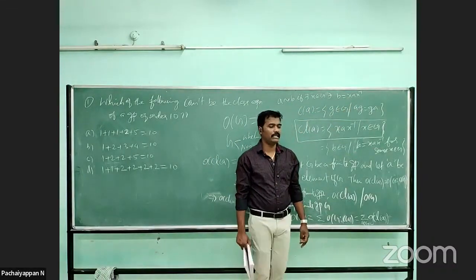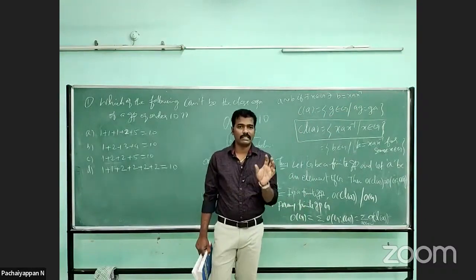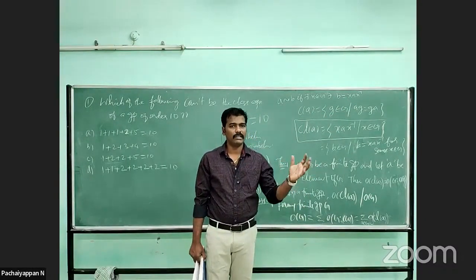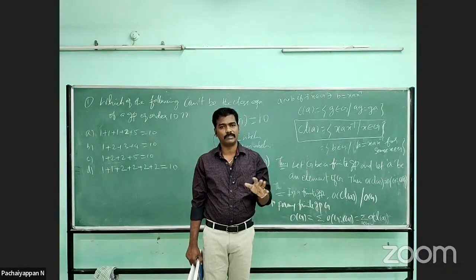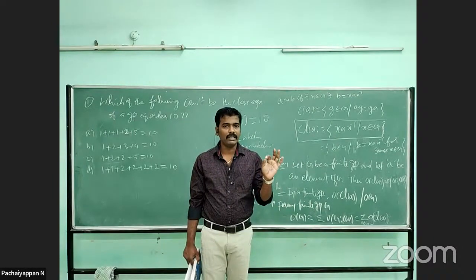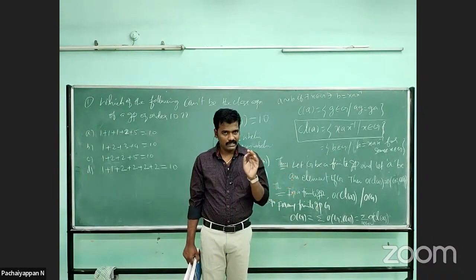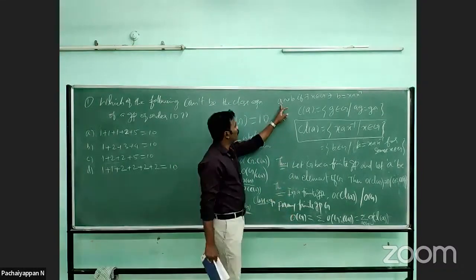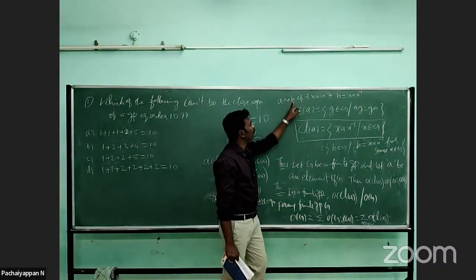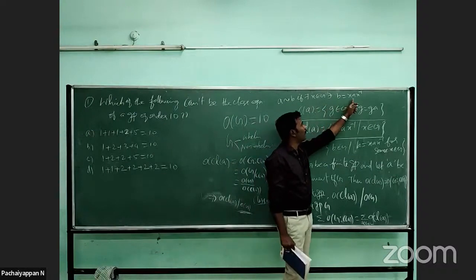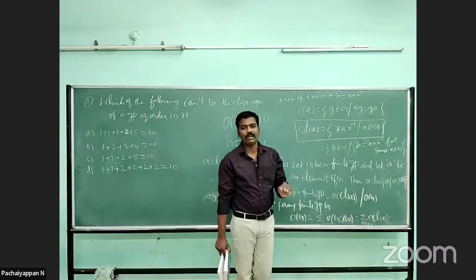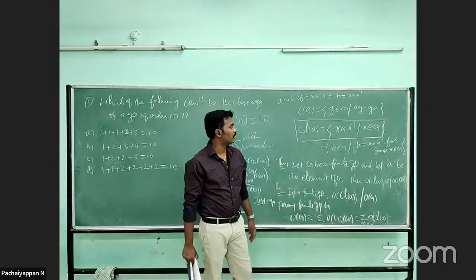How do we say A is similar to B for matrices? If there exists some invertible matrix P such that A equals P B P inverse. The same thing happens here. So A is conjugate to B means there is some element X with X A X inverse giving B. Then we say A and B are conjugate.